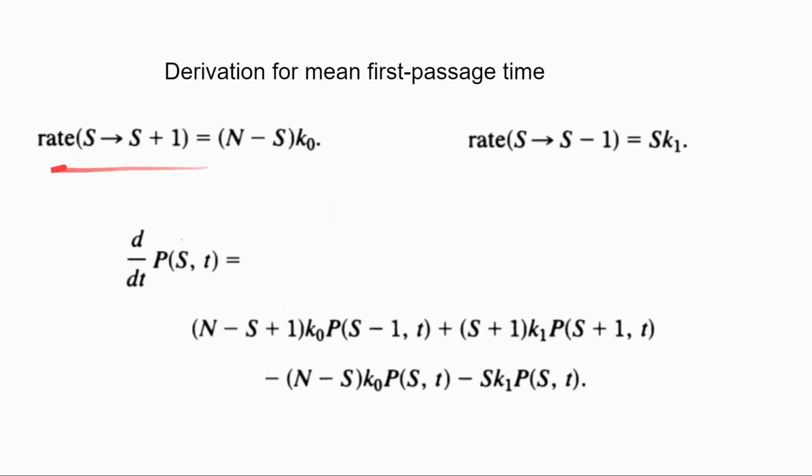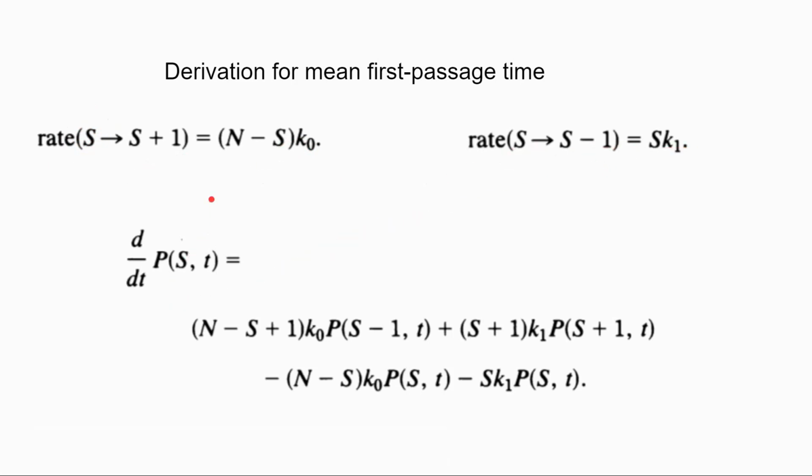So let's define the rate of going from s to s plus 1. Remember that s is the number of incorrect bonds. This rate will be the number of correctly placed bonds times k0, which is the rate of the correctly placed bonds changing to incorrectly placed ones, and the opposite rate would be this.